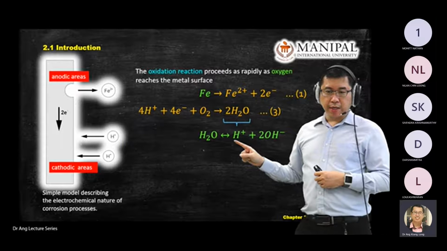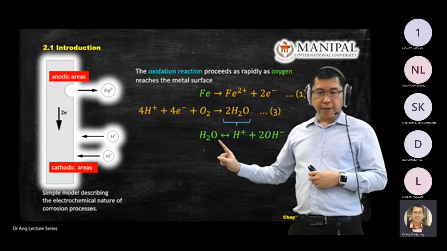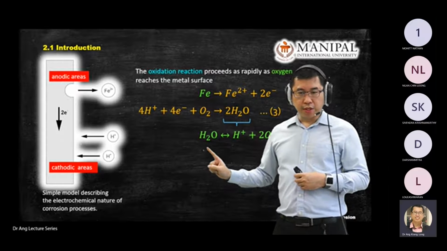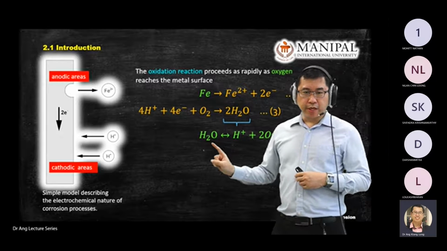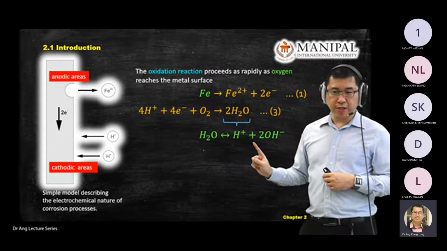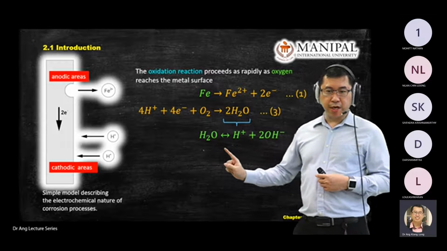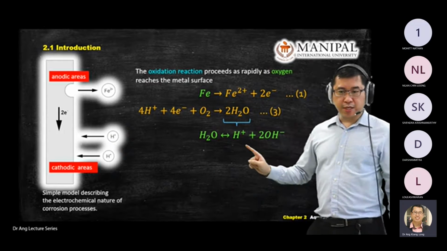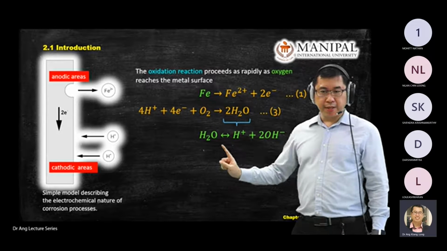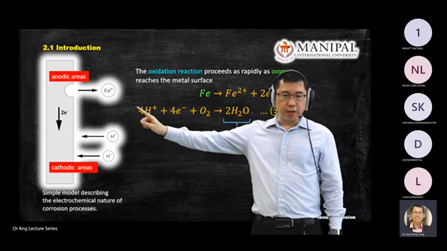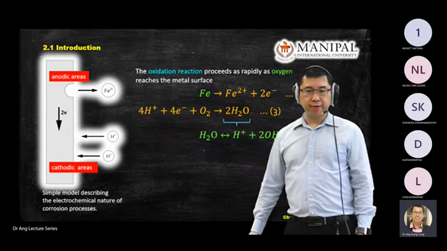So I use the double arrow here, where the water molecule will change from charges back to molecule and back to charges and back to molecule. So this process will happen back and forth depending on the environment you have.